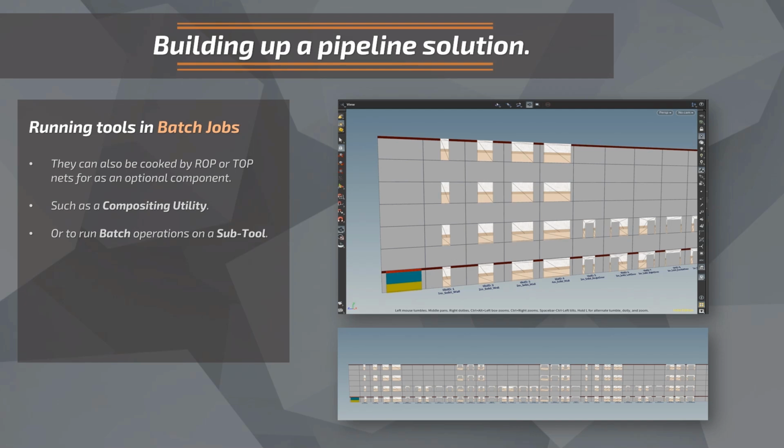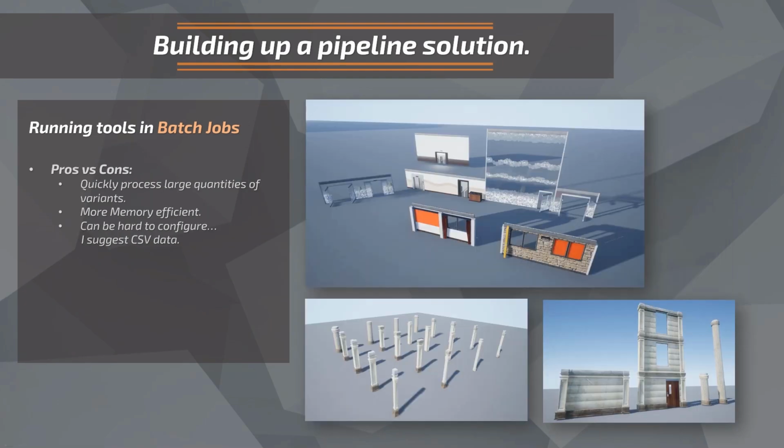And this is a very good suggestion for if you want to create a batch job, because the benefit of running a batch job is that you don't need to have dozens of assets in your scene to do the same thing. You just need one that gets constantly reconfigured and recooked and outputs the data after each cook.